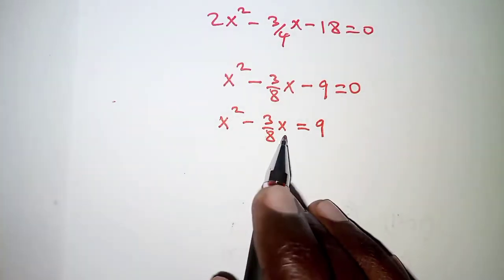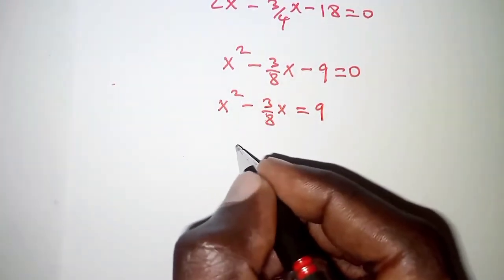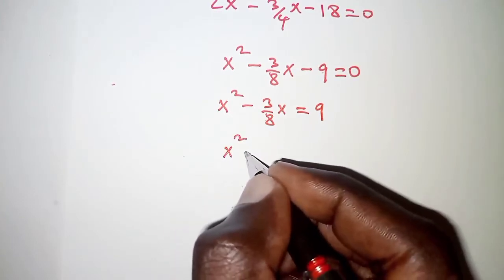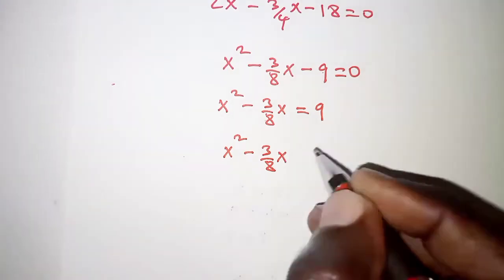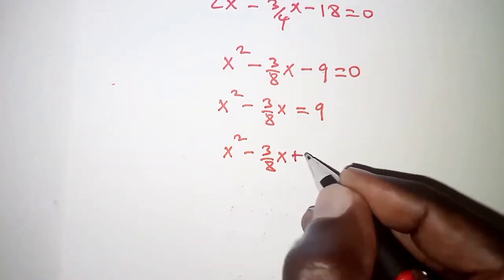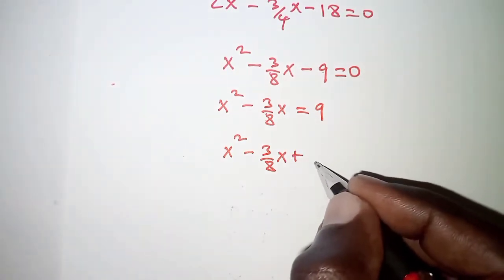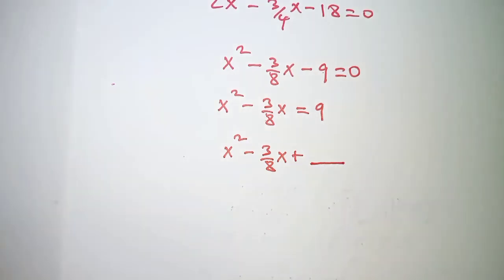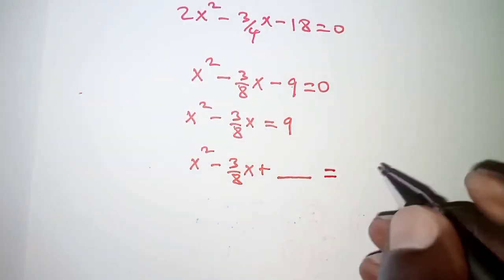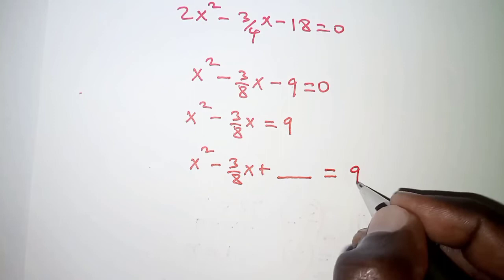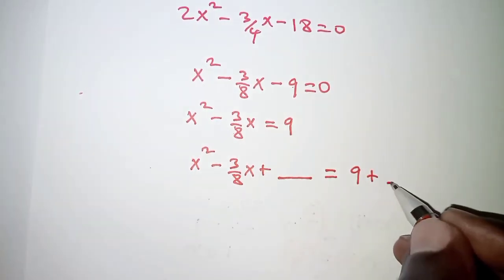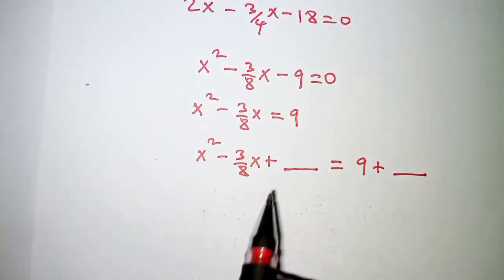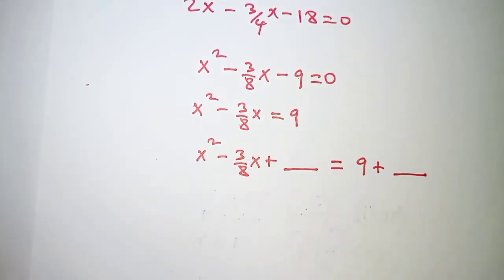Well, we are going to complete the square. Remember, we have x squared minus 3 over 8x, and then we'll have to add that to the constant term here, and the constant term c is missing, and then we have to equate that to the right hand side, which is 9, and we're also going to add the same thing that we'll have here to the right hand side. So what value do we have here?